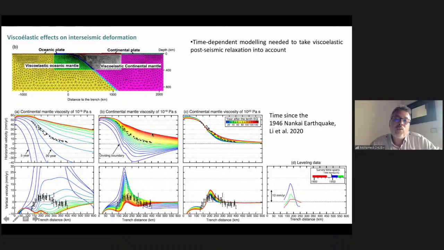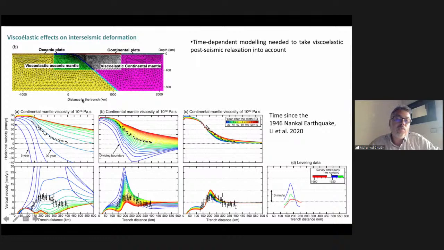So we actually measure more or less the observations that are marked here by the dots. And you see how different viscoelastic models, taking into account a mantle viscosity of 10 exponent 18, 19, or 20 Pascal second, how these different mantles will deform the Earth at different time steps, every 5 years here.